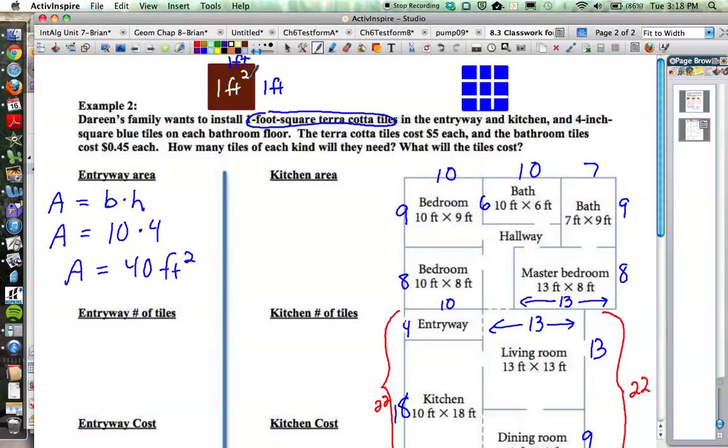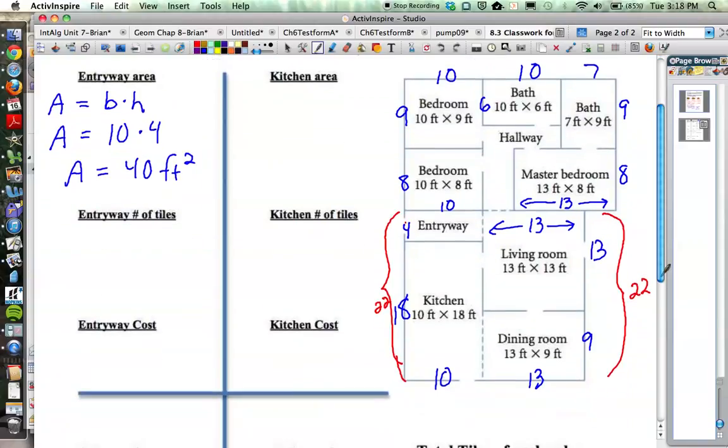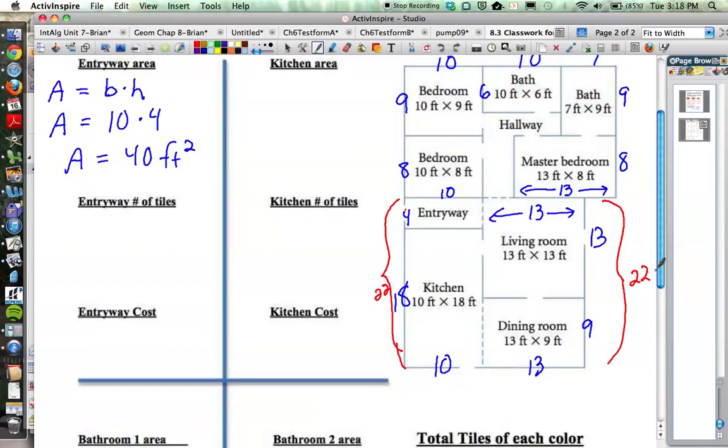So if there's 40 square feet, then that would mean that there are 40 of those tiles. And just for the sake of something we're going to do later, I'm going to write that out like this. So we've got 40 square feet, and we know that one tile is going to be 1 square foot. So just doing a little bit of canceling out here, that means that we have 40 tiles.